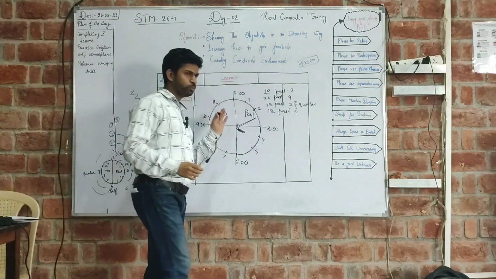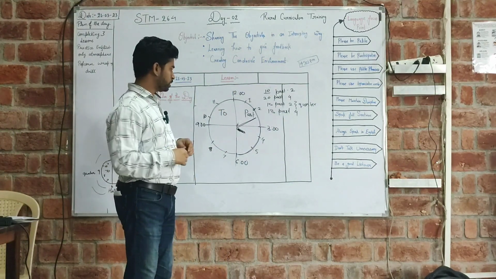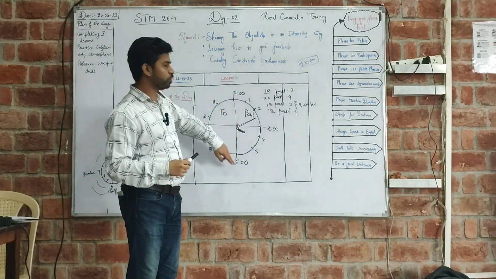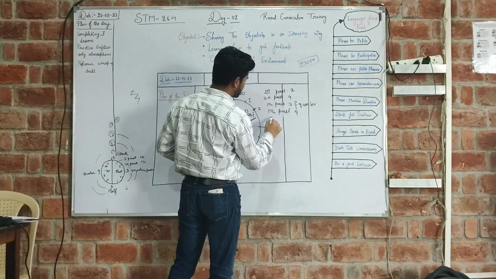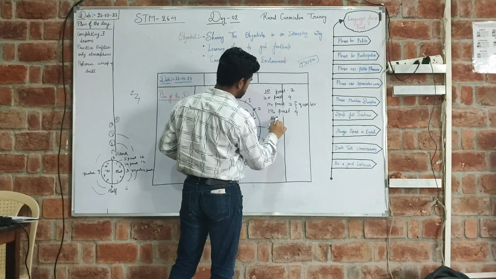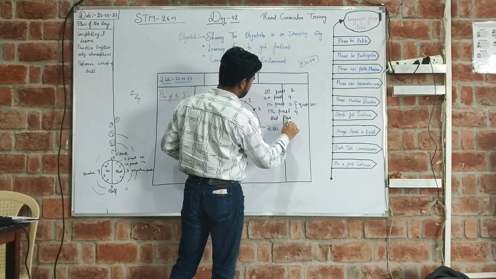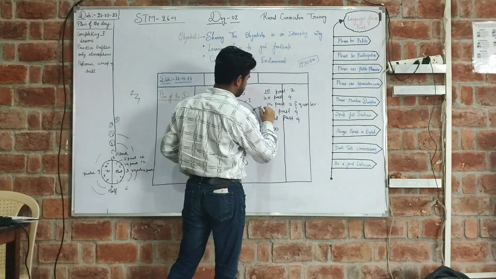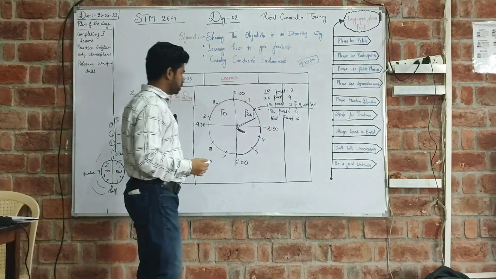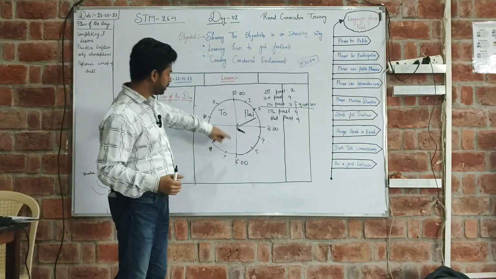Fine. I hope you all have understood. Is it clear? And when it comes here, we call it half. So if it is at 6, we call it half past 4. I hope it is clear to you. So things are fine till here.